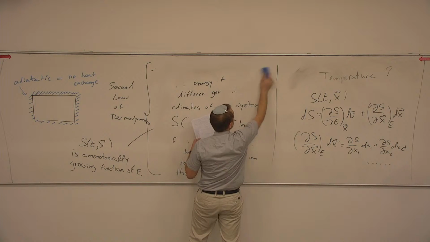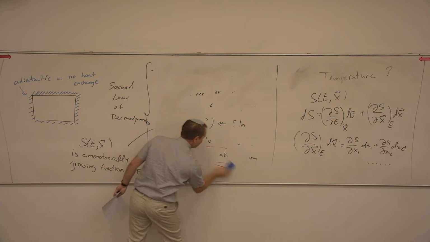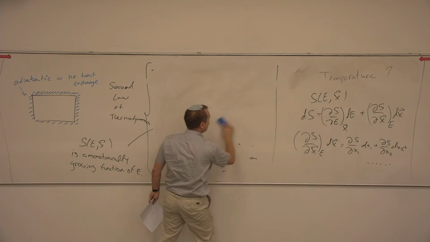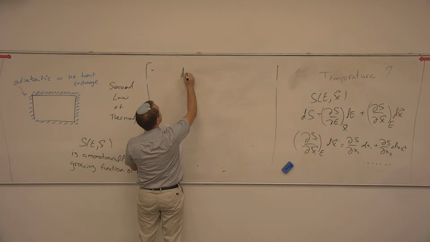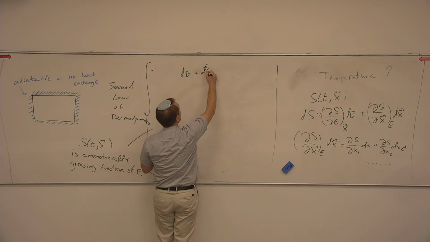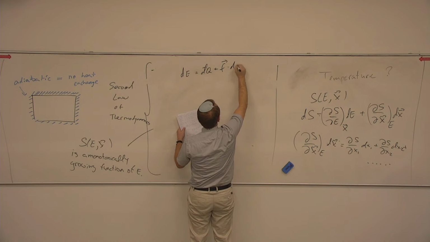Alright, so this is the differential of the entropy. We already saw what is the differential of the energy, right? So the differential of the energy is dQ plus F dot dx.